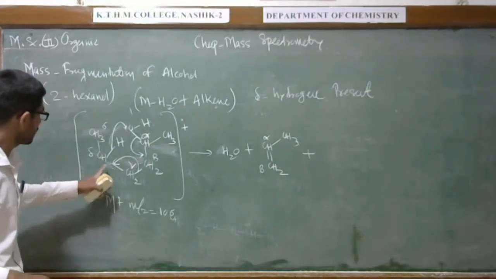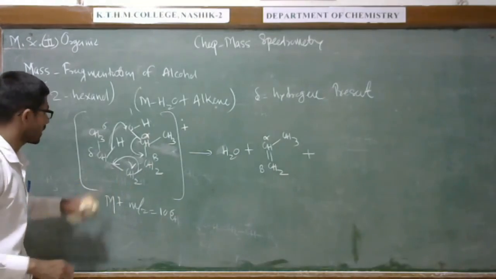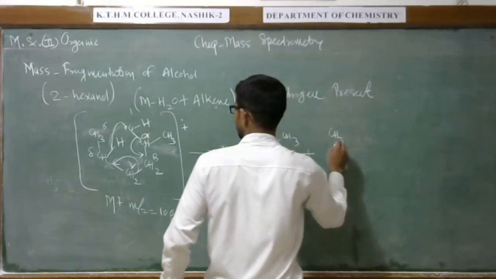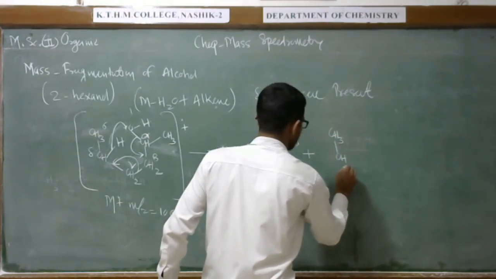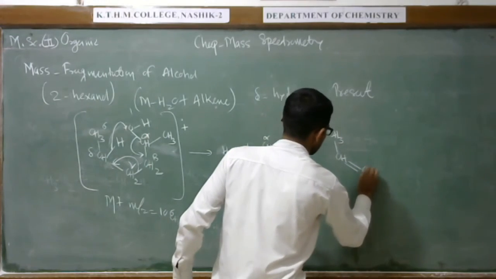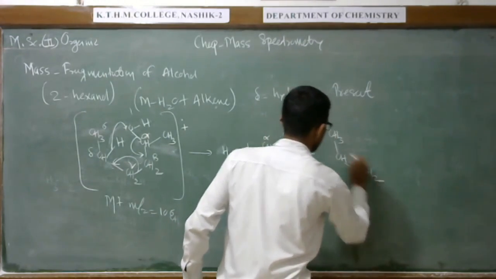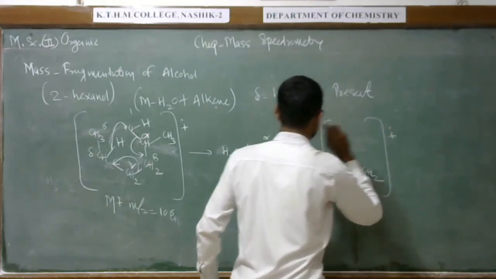And at the same time this part, gamma and delta, CH3 CH CH2, we can show like this with charge.